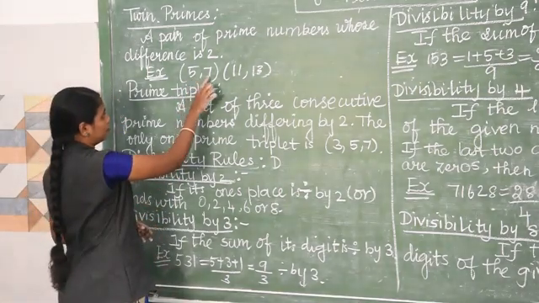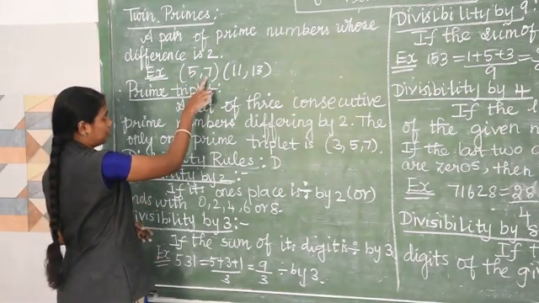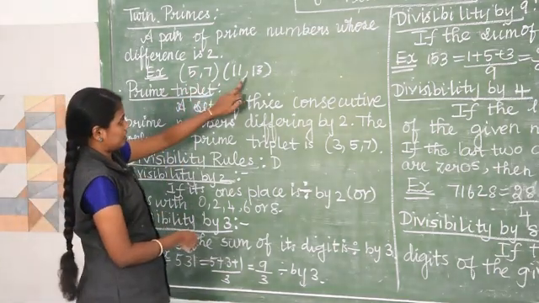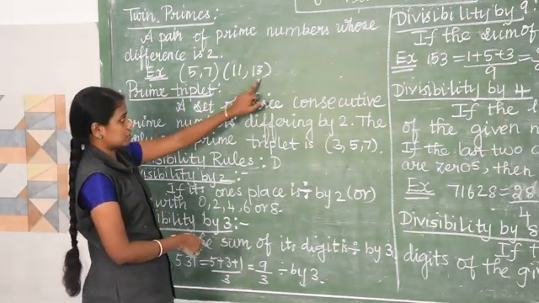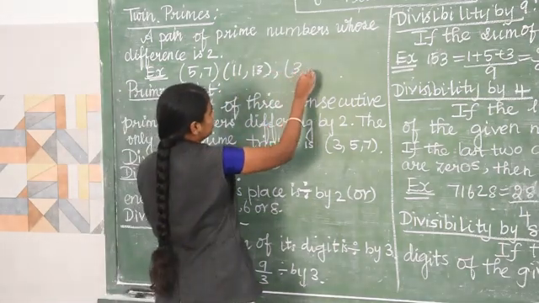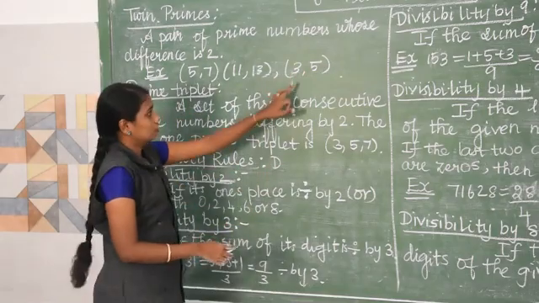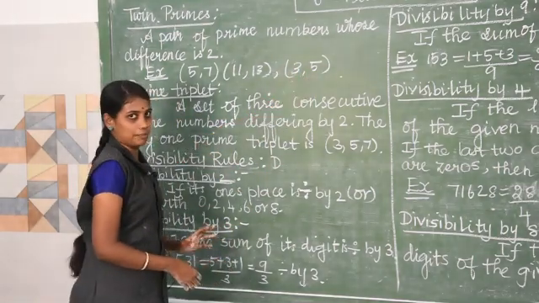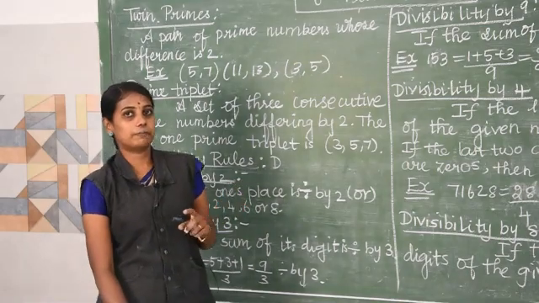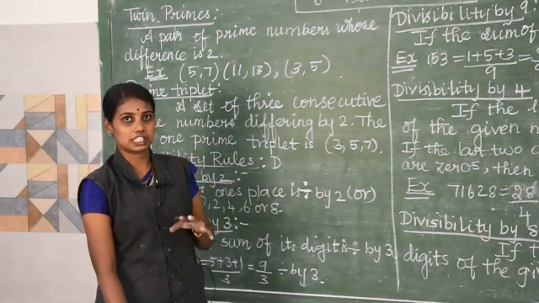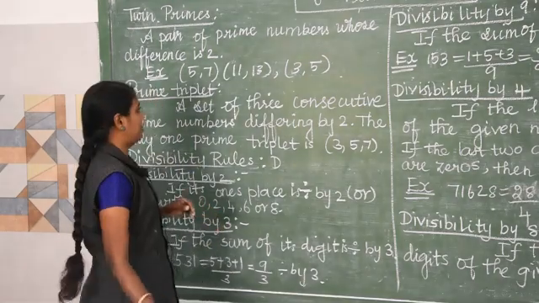For example, 5 and 7 are both prime numbers, difference is 2. Likewise 11 and 13, difference is 2, both are prime numbers. I can write 3 and 5 also, difference is 2, both are prime numbers. This is called twin prime numbers, differing by 2, and the pair of numbers must be prime numbers. It is 1 mark.